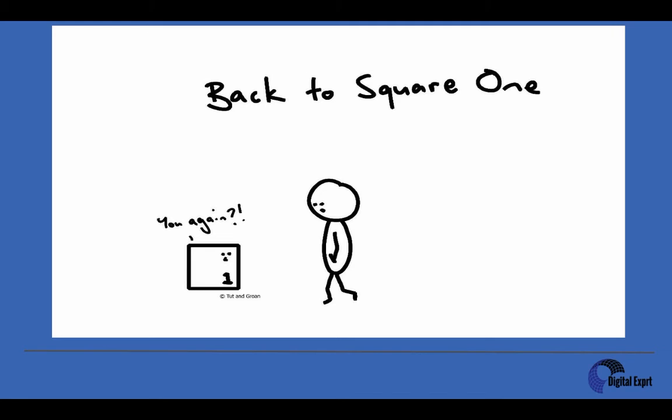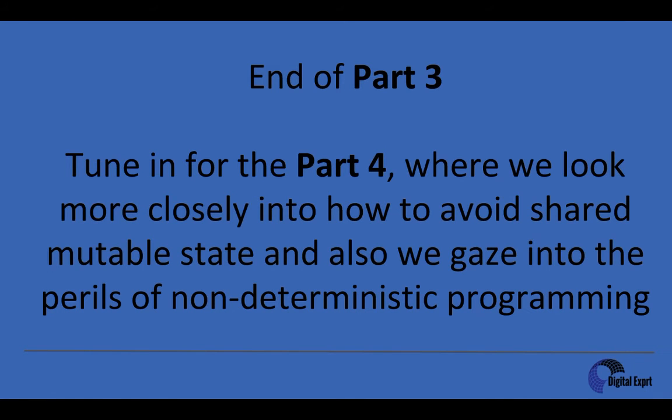So this gets us to the end of part 3. Part 4 will be the final part of this tutorial. We will look more closely into how to avoid shared mutable state, because that's the root of all evil. Also, we gaze into the perils of non-deterministic programming.